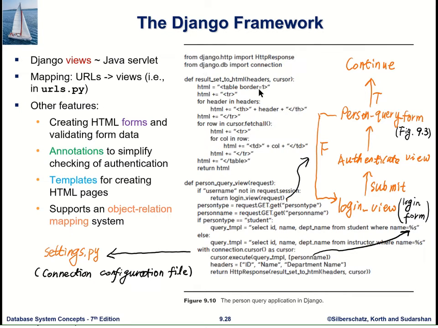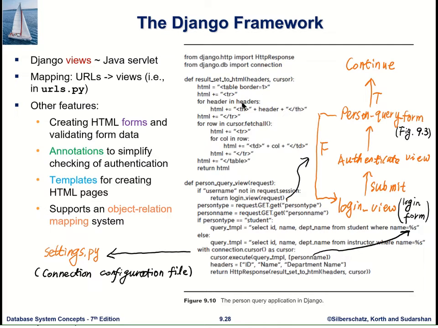So let's look at this one. You can find this one will generate the content of that HTML, meaning only the body part. So headers and cursor. So HTML table. This one, the first string, the content. So the table, we want to create a table. The border is 1 pixel, and then we have a table row. For this row we first output the header.